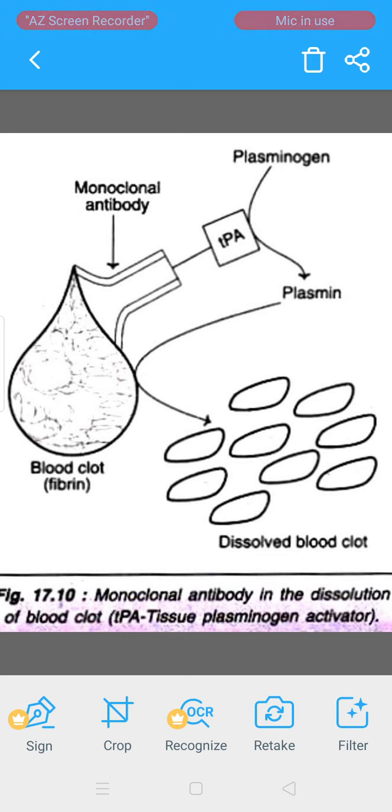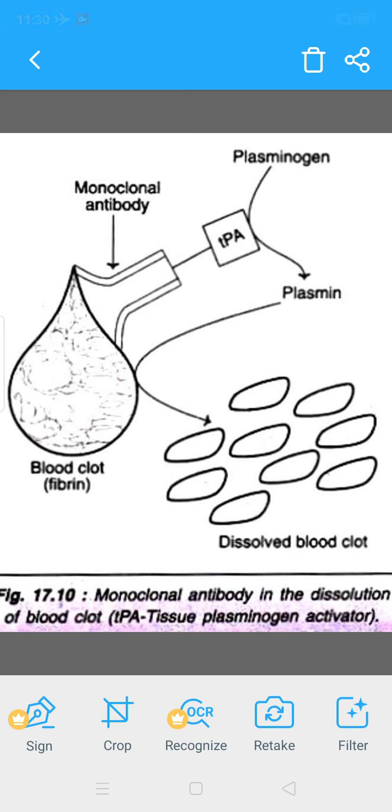Tissue plasminogen activator can be used as a therapeutic agent to remove the blood clots. Monoclonal antibodies directed against fibrin can be coupled to tissue plasminogen activator and used for degradation of blood clots.